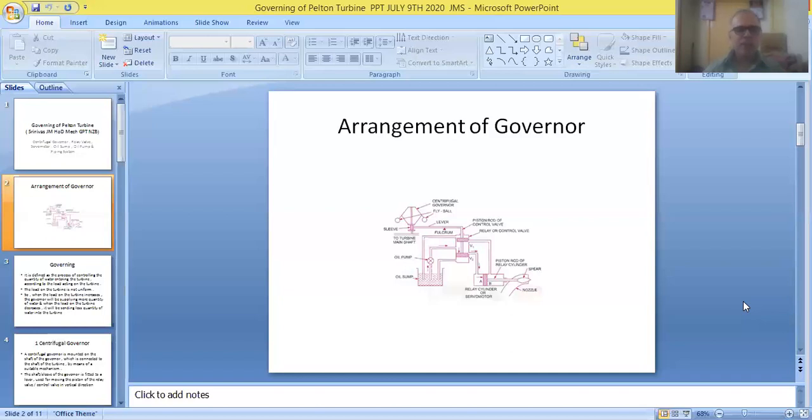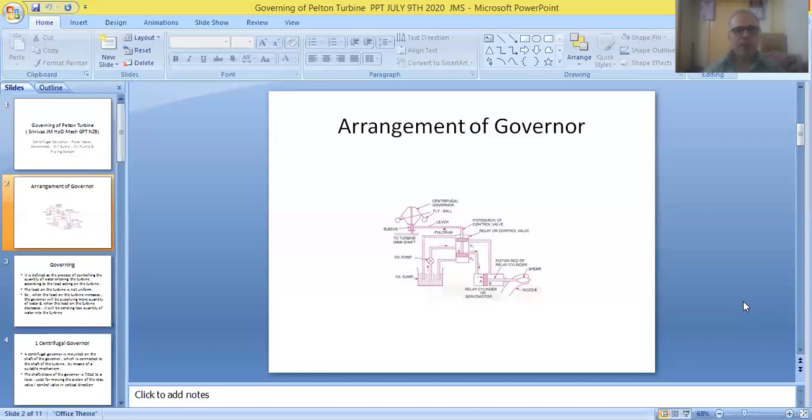Several pipelines are fitted for doing these activities. All these pipelines put together are referred to as a piping system.